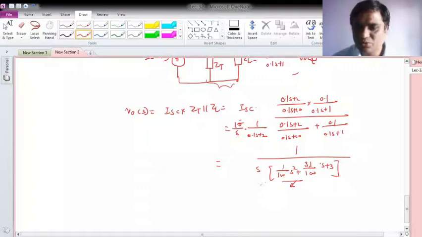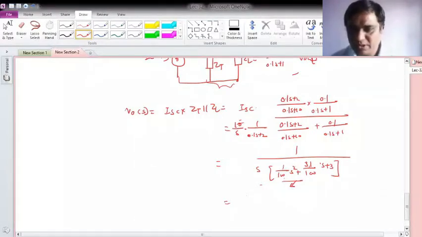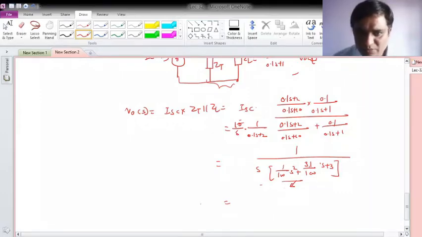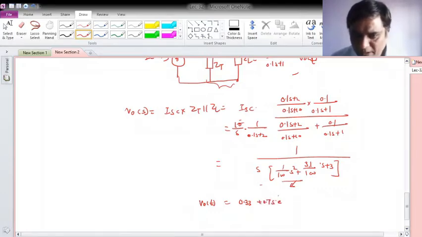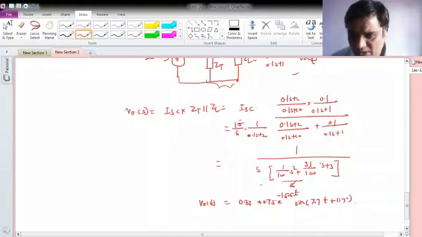There are two roots, so there will be the partial fraction A upon S plus B upon this root plus C upon this root, and if you find the inverse Laplace transform, that is V0. So my solution is 0.33 plus 0.75 e raised to minus 15.5 t into sine of 0.7 t plus 117 degrees, into u of t.